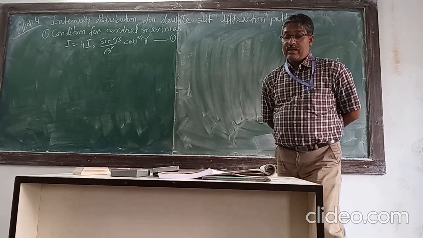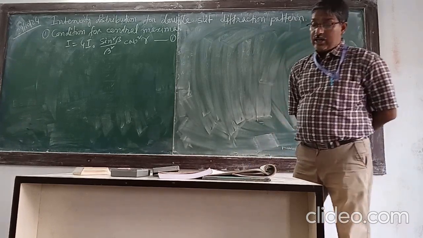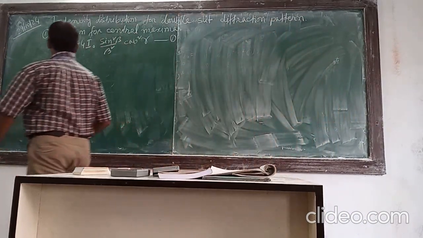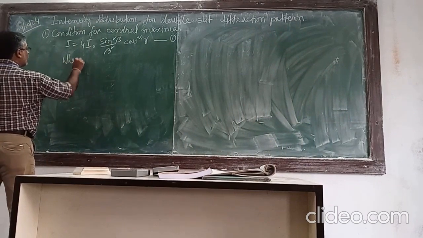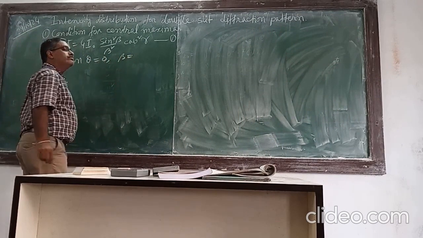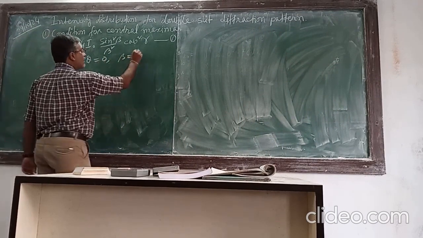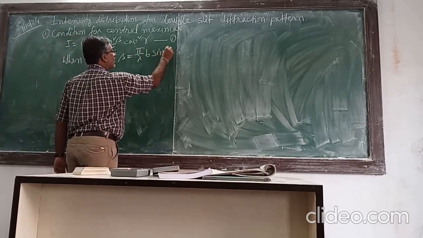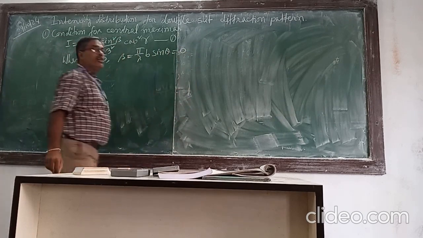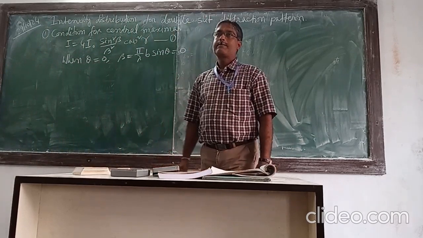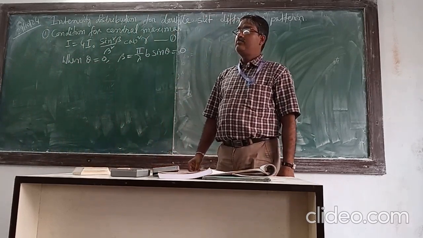When theta equals 0, then beta equals zero. What is beta? Pi by lambda b sin theta equals 0.